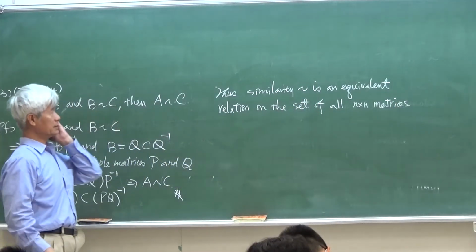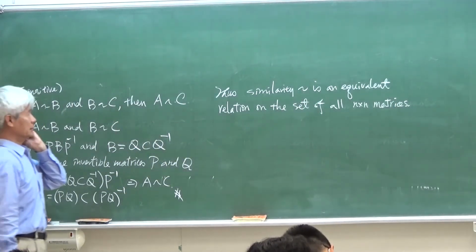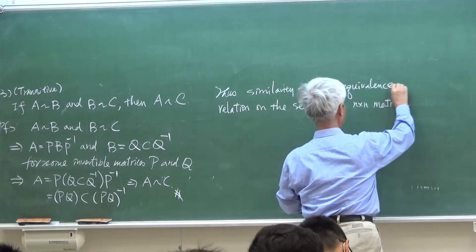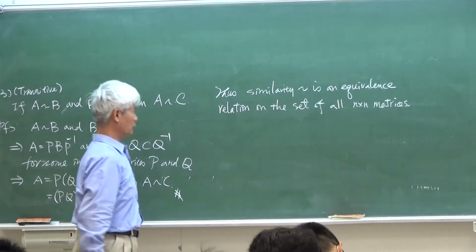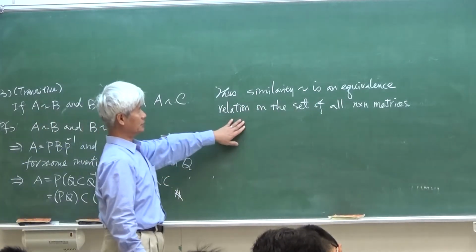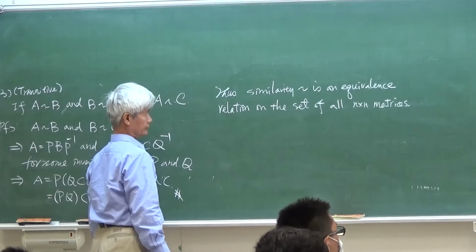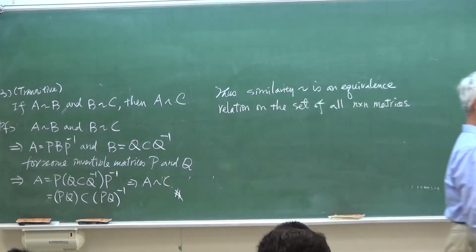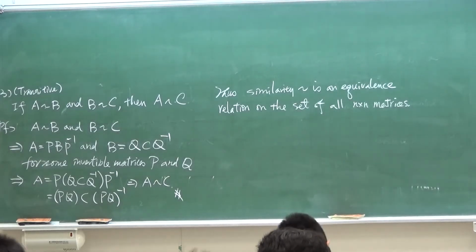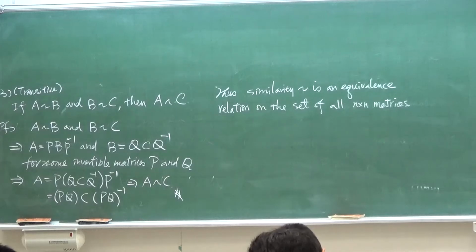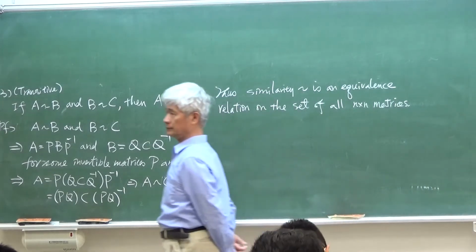So similarity is an equivalence relation on the set of all n times n matrices. Any questions?